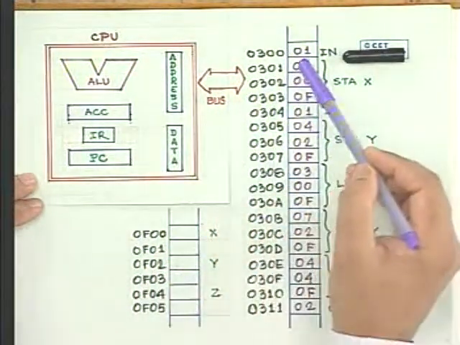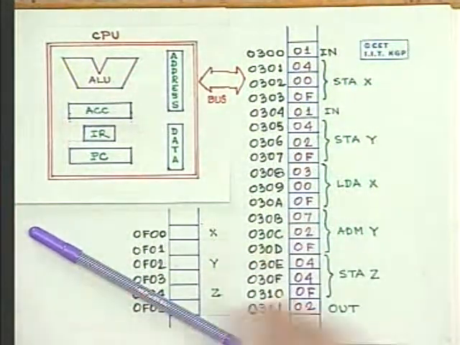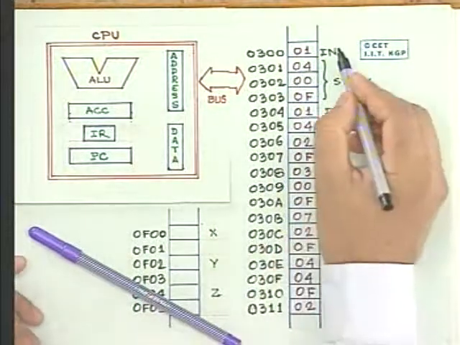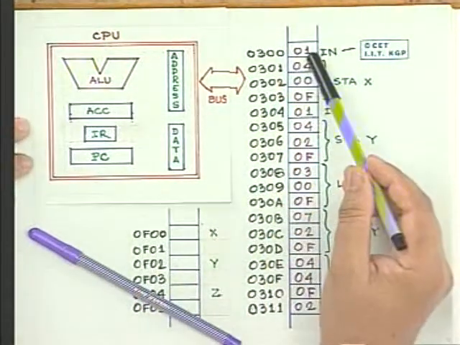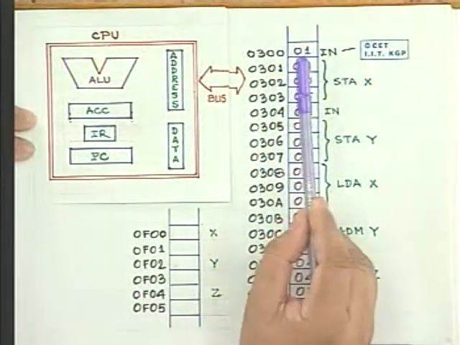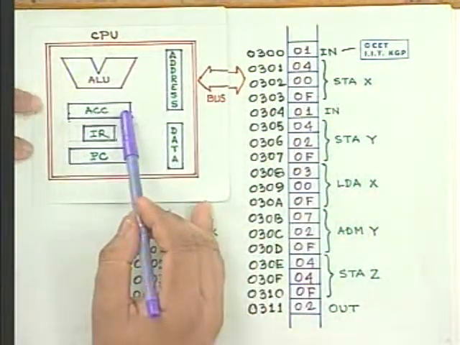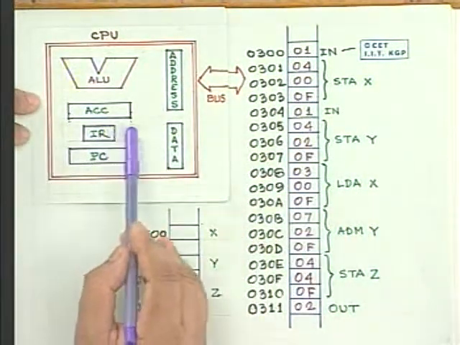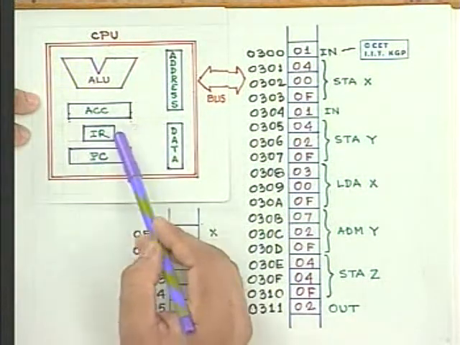Therefore, this IN instruction which I am executing now will consist of two parts. One is that first the instruction is fetched into the instruction register. On knowing what this instruction is, that instruction is executed.